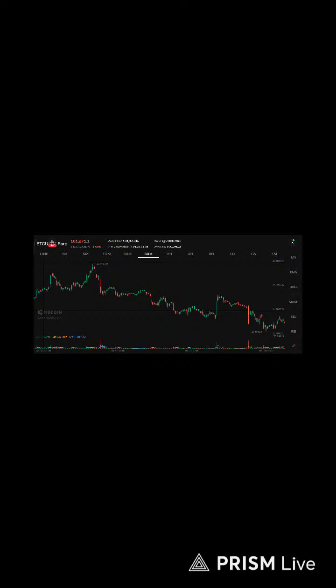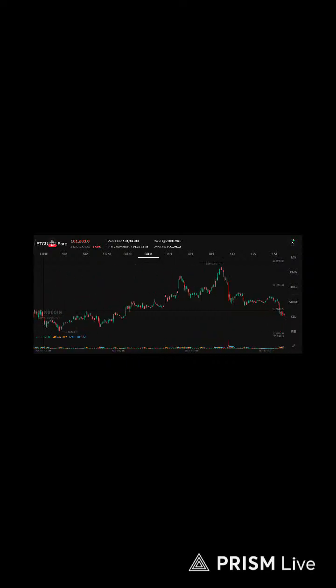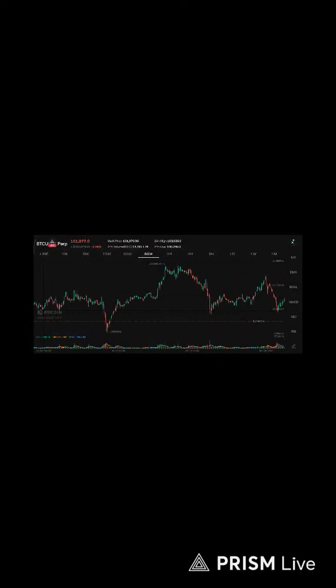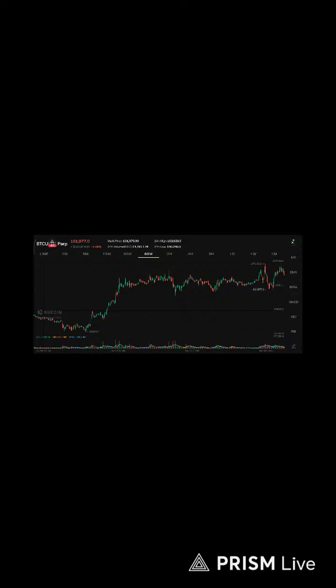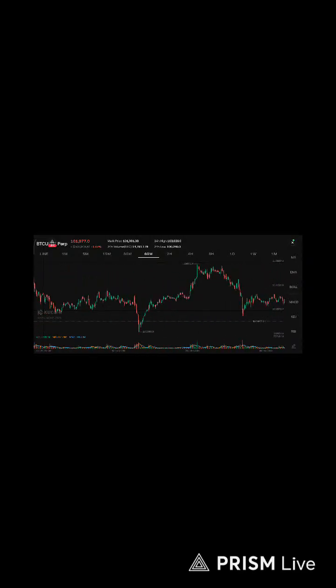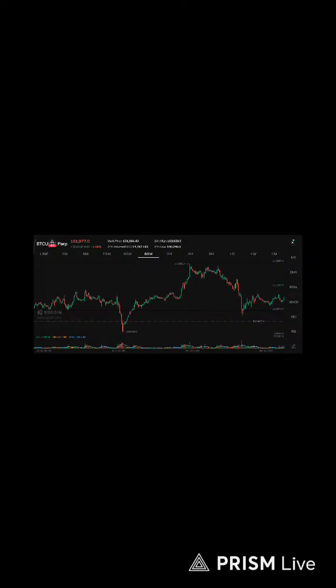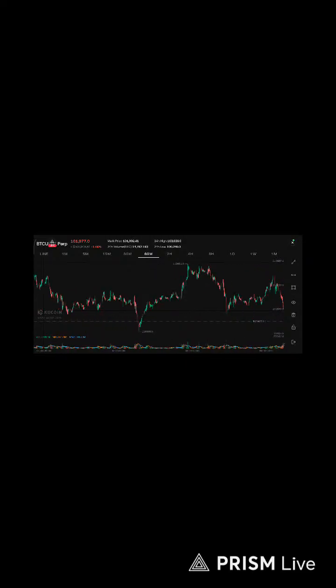So this is it. I'm trying to check up the bearish Harami candlestick pattern that we did yesterday, and this is a typical example of a bearish Harami candlestick pattern.